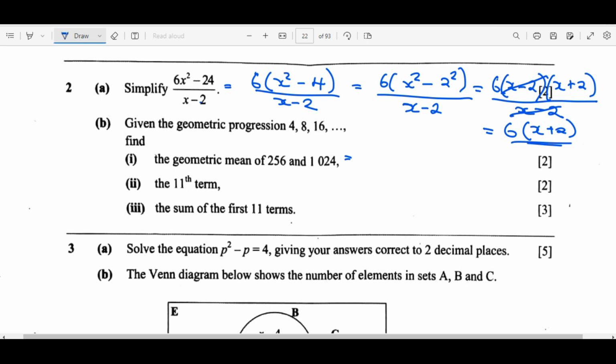So we say x is equal to 256, 1024, and when we multiply, what are we going to have? You can use a calculator, because calculators are allowed in paper 2.